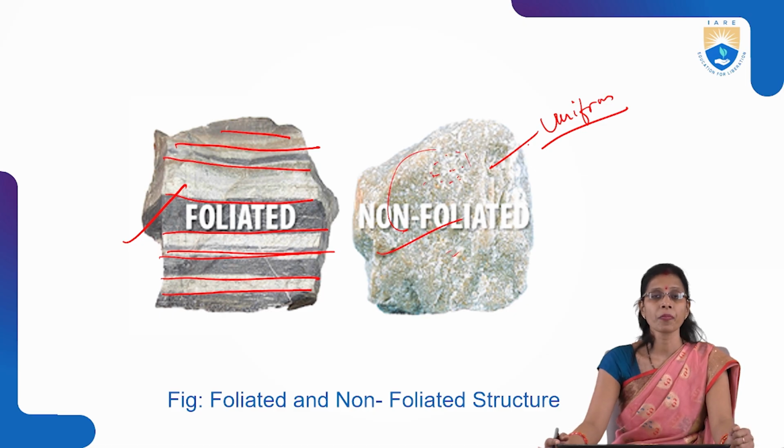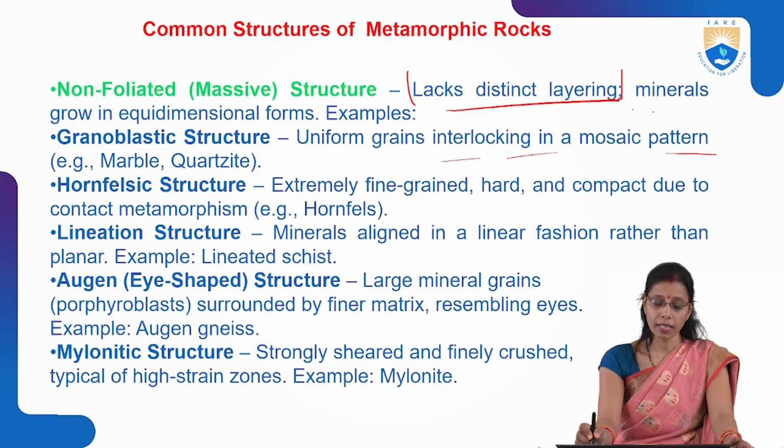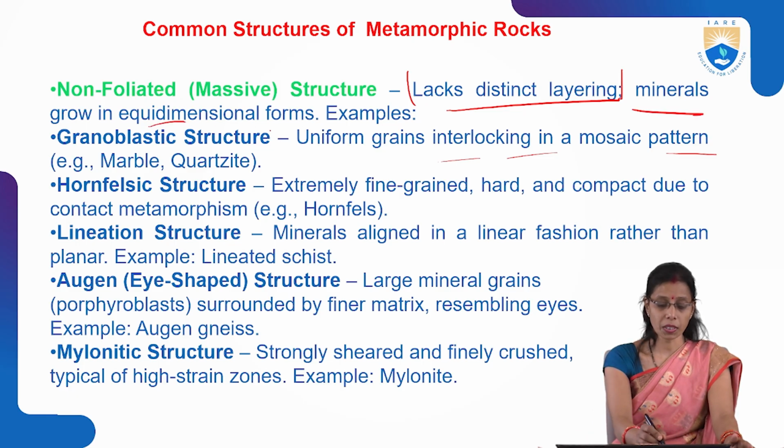At the time of the heat and pressure conditions, the particles are spread uniformly and slowly it crystallizes in this particular form that we call non-foliated. So it lacks distinct layering first of all. Second, minerals grow in equidimensional forms.